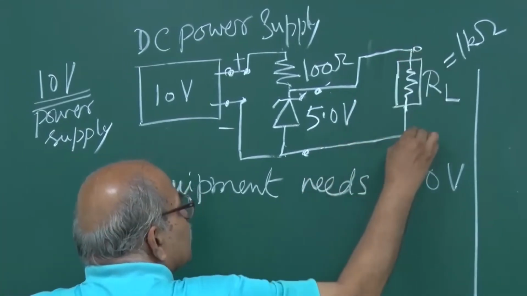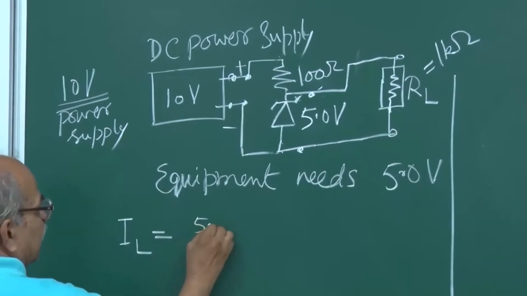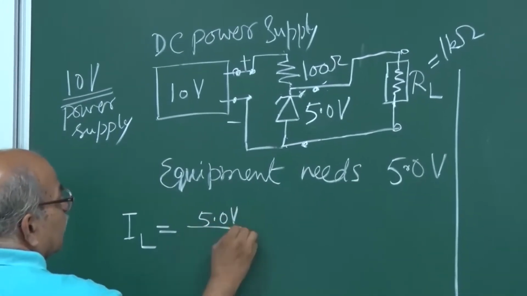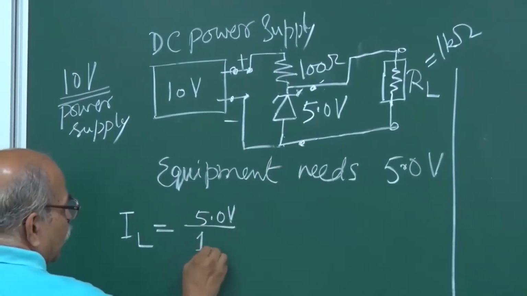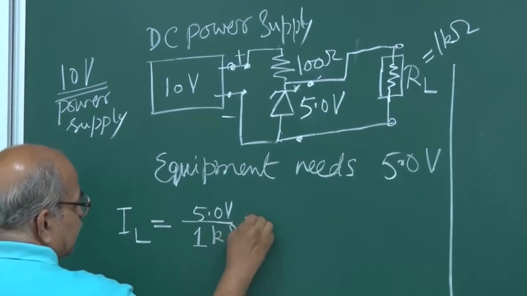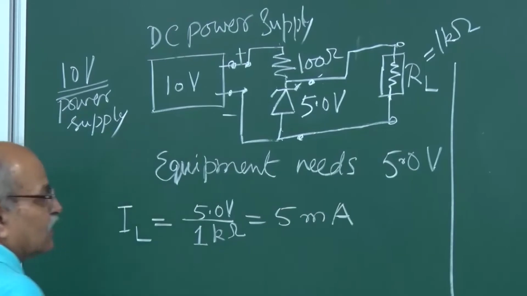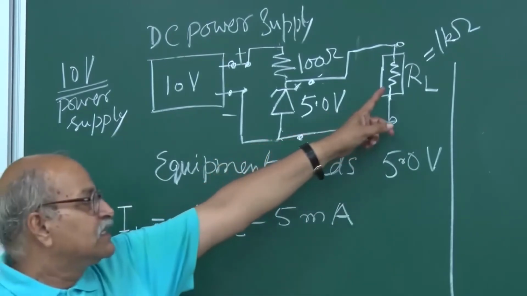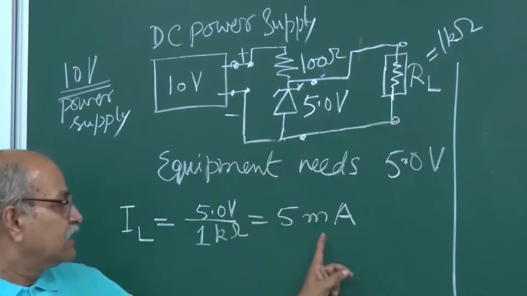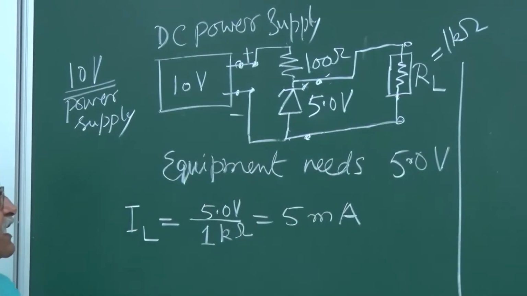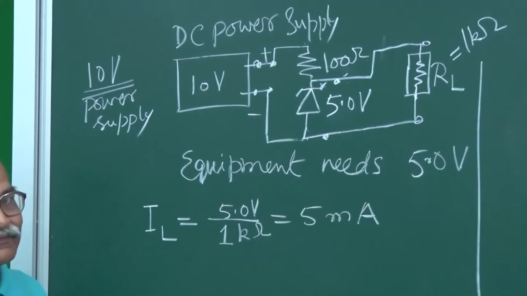Here it is 5 volts, divided by this 1 kilo ohm. So that is 5 milliampere. And the equipment will receive this voltage and this current of 5 milliampere only.